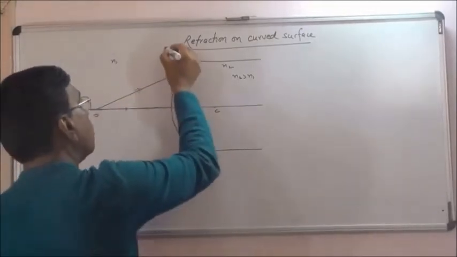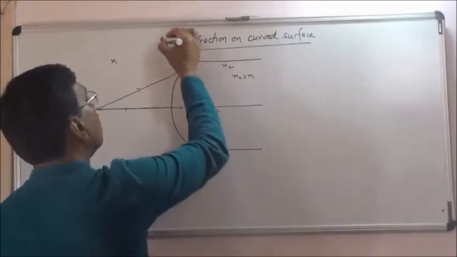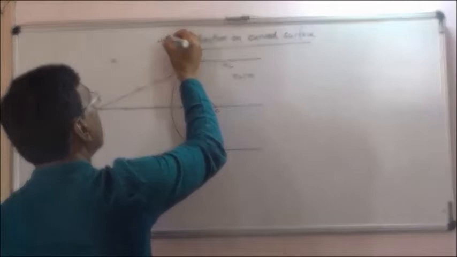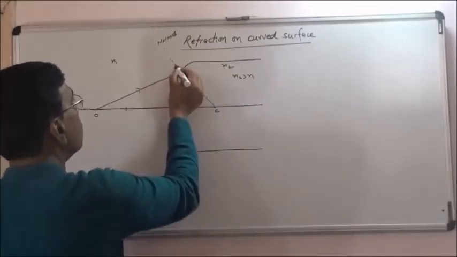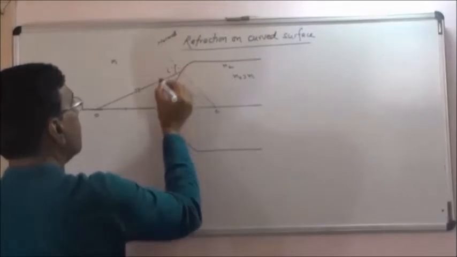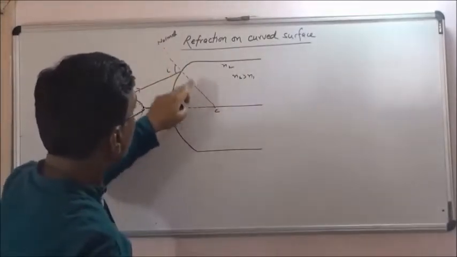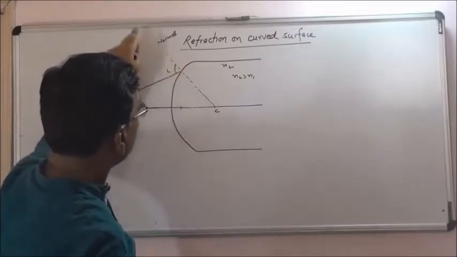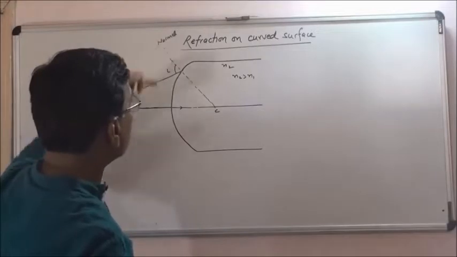What about this? Draw a normal. This is the normal, so this will be the angle of incidence. Incident ray, normal, a line passing through C and the point of incidence. I is the angle of incidence between the normal and the incident ray.